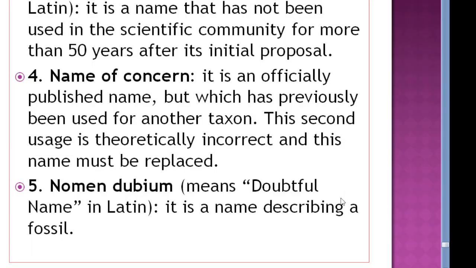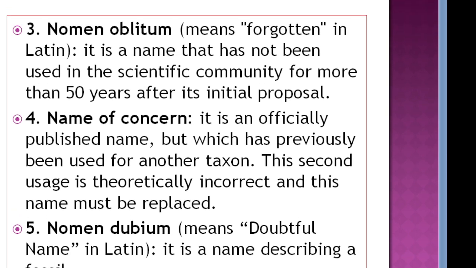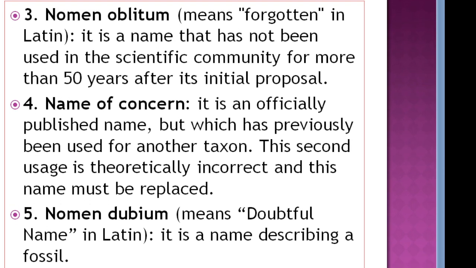Okay, number 3, nomen oblitum. It is a name that hasn't been used by the scientific community for more than 50 years.